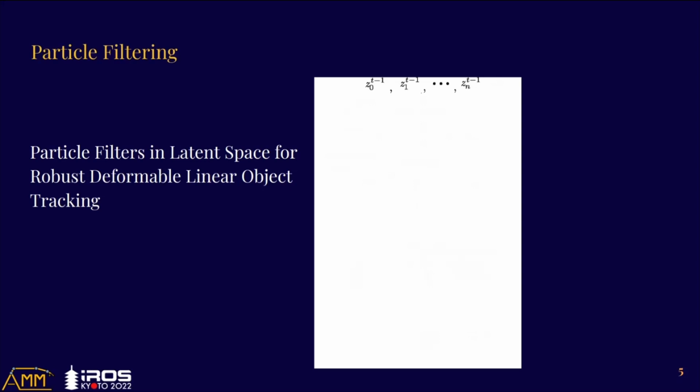Our previous work uses a particle filter to track a DLO by sampling in a learned low-dimensional latent state space, where the latent state space is acquired by training an autoencoder. The tracking starts with some particles. Here, each particle is a proposed latent state of DLO. We update the latent state by a motion model, which predicts how the latent state will change at one time step.